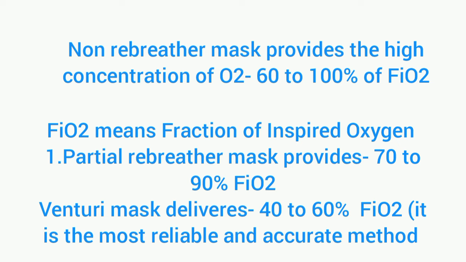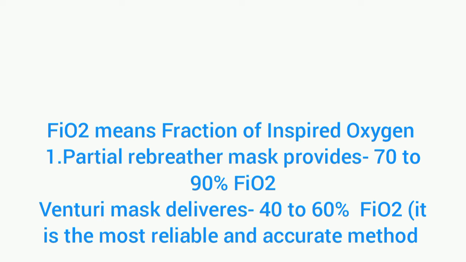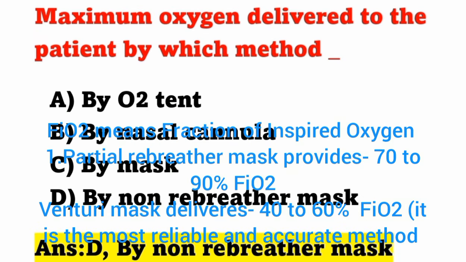A partial rebreather mask provides about 70 to 90% FiO2, and a Venturi mask delivers 40 to 60% FiO2. The Venturi mask is the most reliable and accurate method of oxygen delivery to the patient.